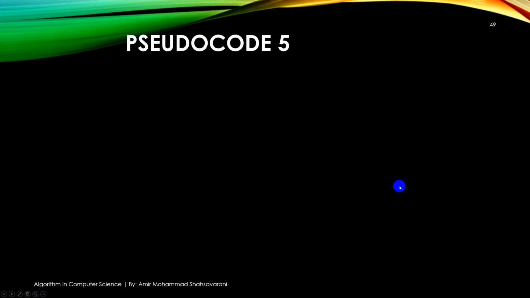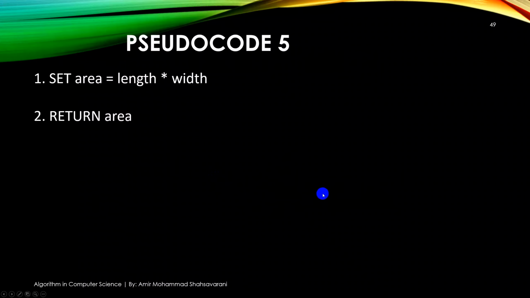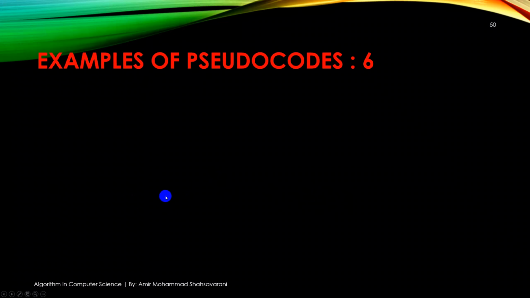So, how does it work? First, so simple, we set a variable named area, which equals the length multiplied by width, and second, return the area. As you can see, don't worry about everything. Everything is possible. So simple.